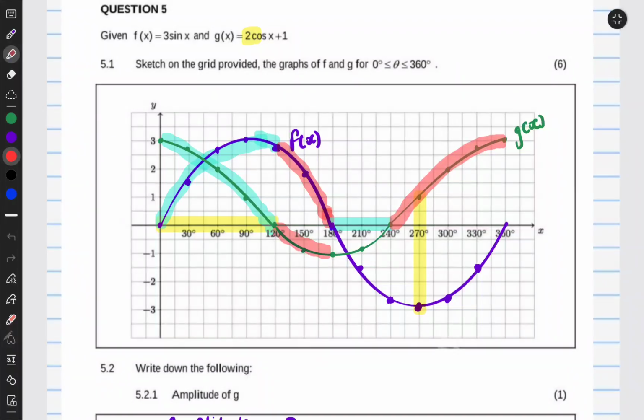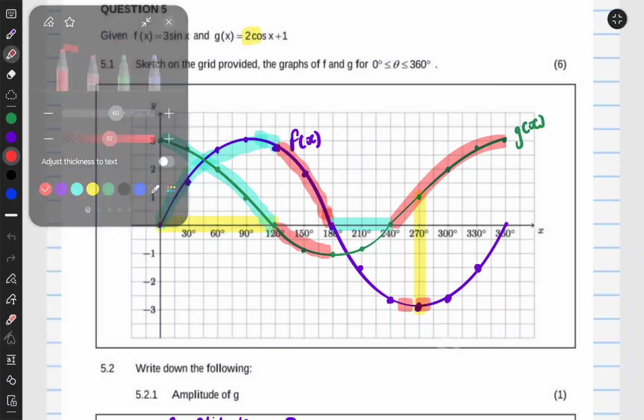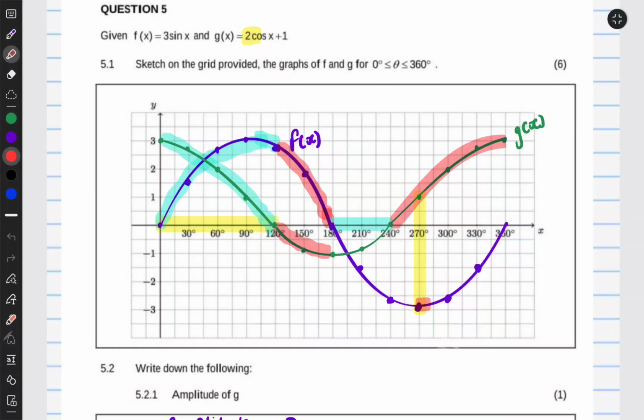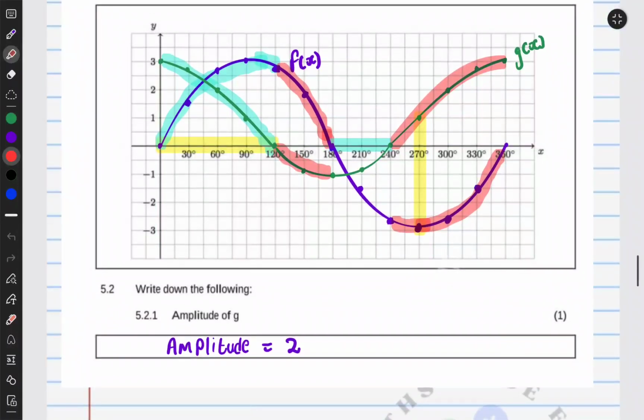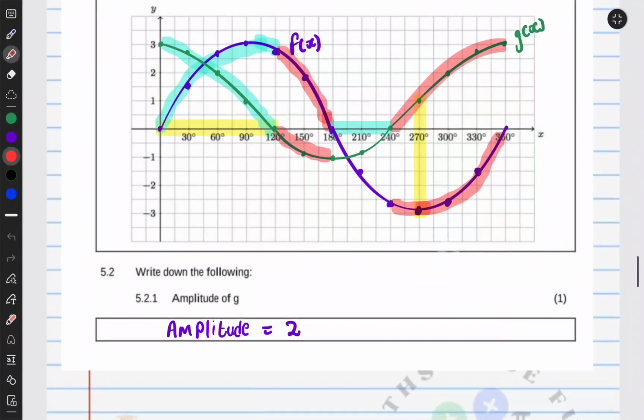So we have a positive g at x and a negative f at x. It's not going to work up until 360. At 360 the one is 0 and the other one is positive. That is going to work.